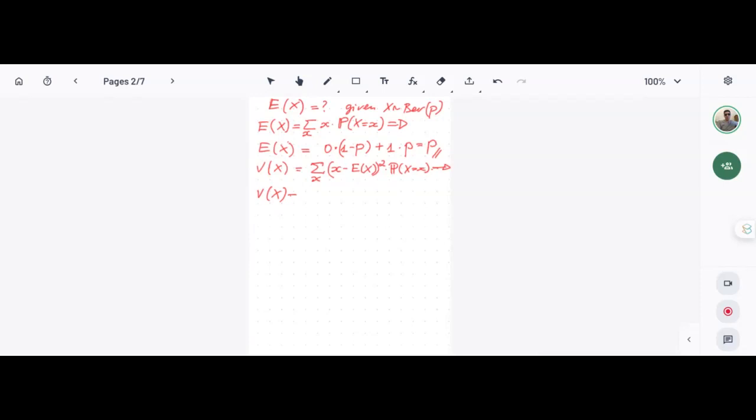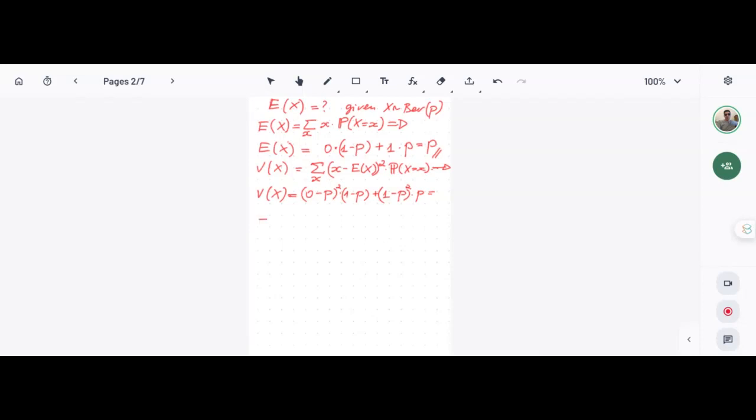Because of this fact, the variance of X, which is Bernoulli, is going to be equal to: the first value is 0, 0 minus the expectation of X is p, squared, times the probability of 0, which is 1 minus p, plus the next value, 1 minus p, squared, times the probability of 1, which is p.